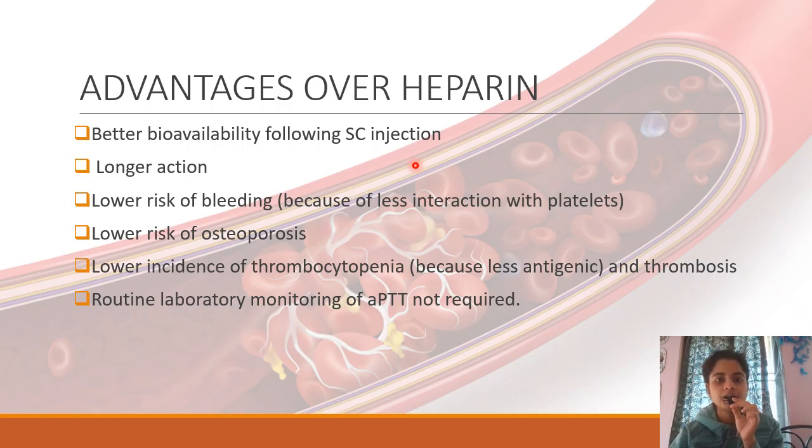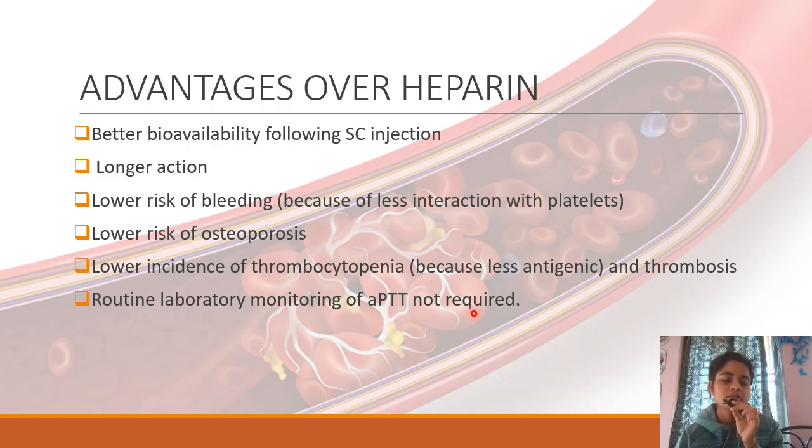Then there is a lower risk of bleeding because of less interaction with platelets, so thrombocytopenia chances are less. And also the coagulation effect of LMWH is less. Then there is a lower risk of osteoporosis, lower incidence of thrombocytopenia as I have told, and thrombosis, and routine lab monitoring of APTT is not required.